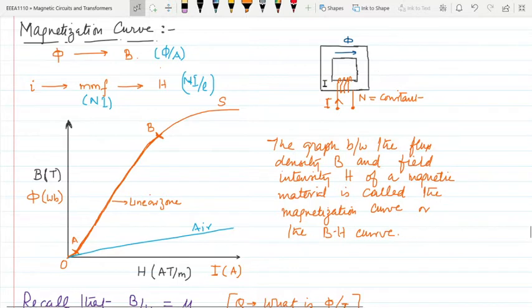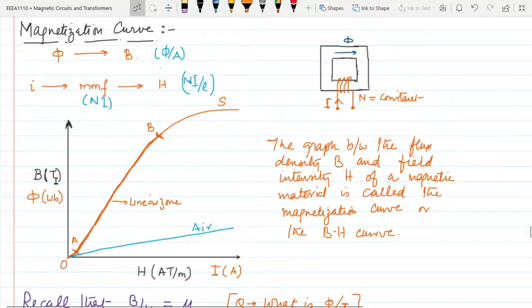Now the length of this path, or the magnetic length, is also constant. So if I am just varying the current, you may consider capital I or a small i, then this will lead to a constant MMF, or the source, which is equal to Ni. N is constant, and H equals Ni by L, where L is constant and N is also constant. So we can say that H is proportional to I, and B is proportional to flux.